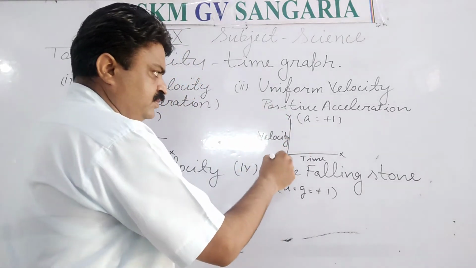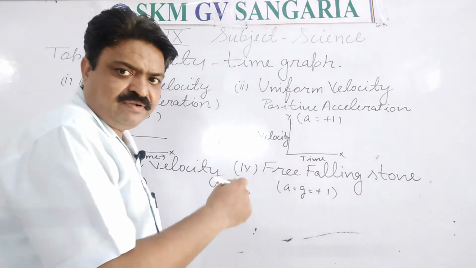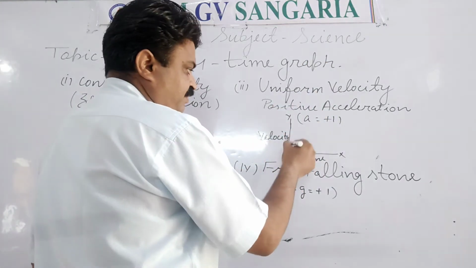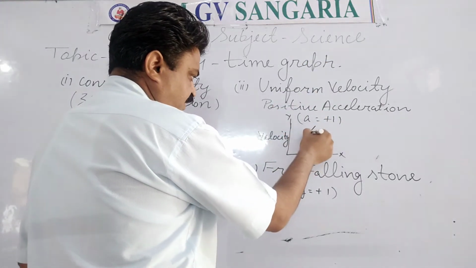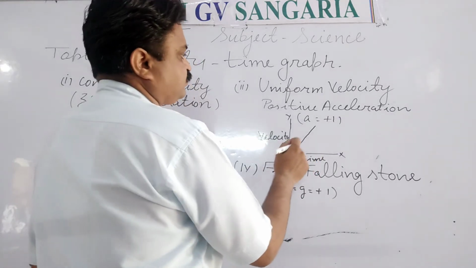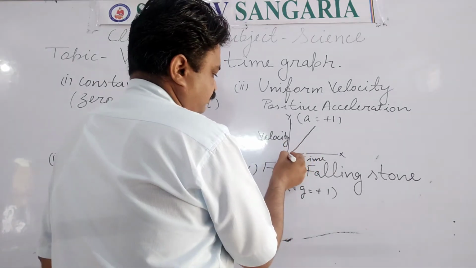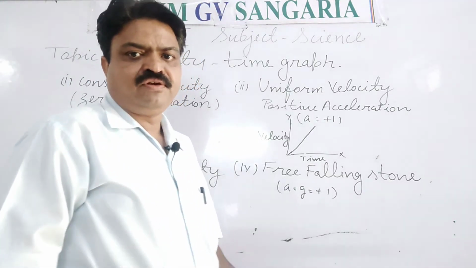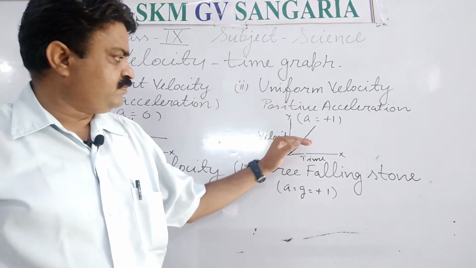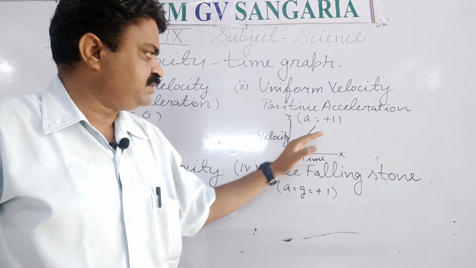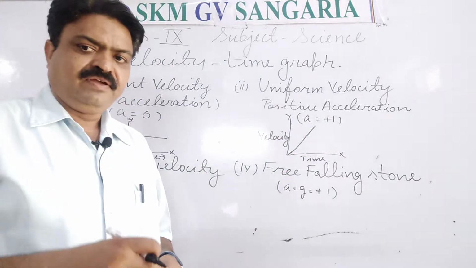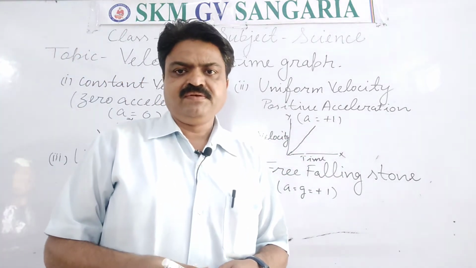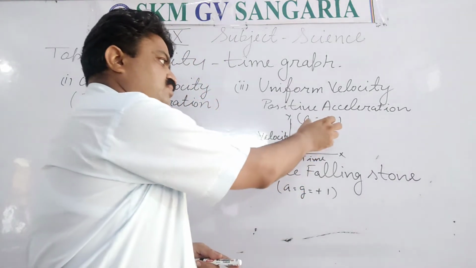Now the graph that we will get here will be a straight line, it will not be parallel. This type of graph we will get in the case of uniform velocity change, and here the acceleration will be positive, student.